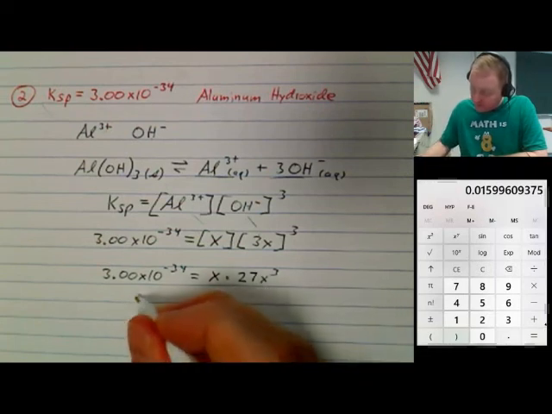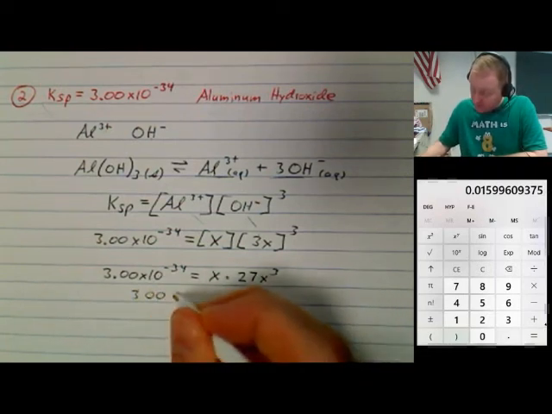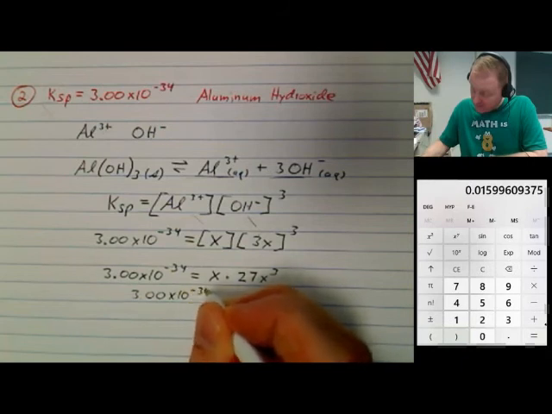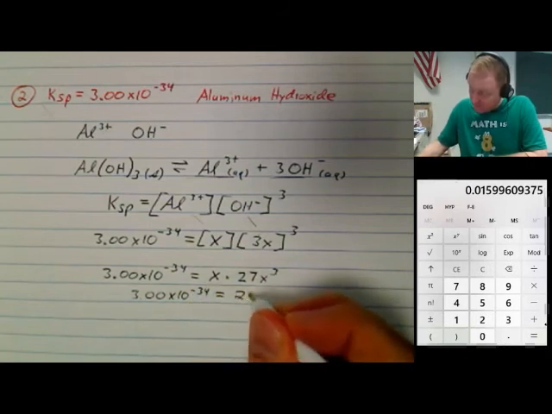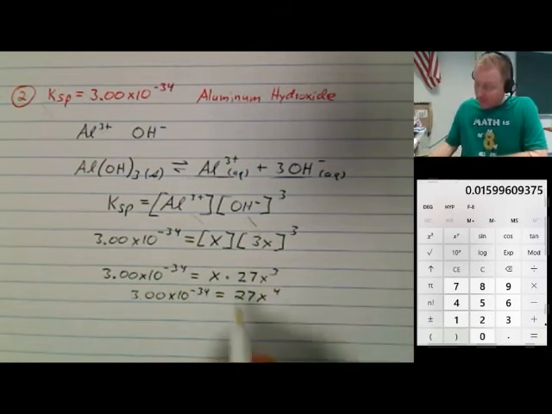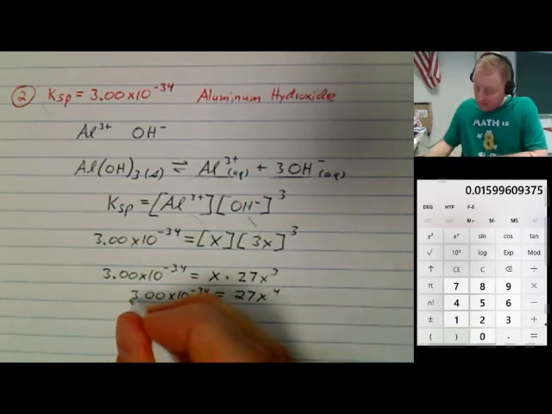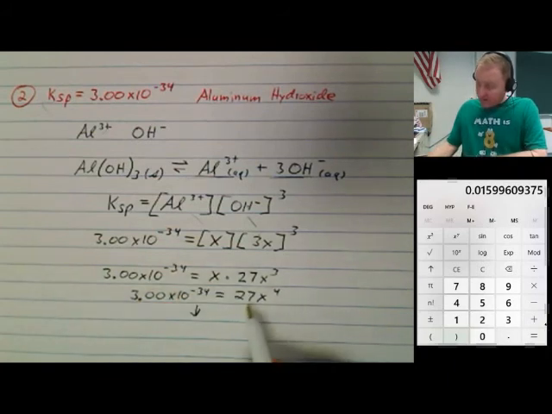Now we can put that x over here. 3.00 times 10 to the negative 34 equals 27x to the 4th. To solve from this point, I am going to divide by 27, and then take the 4th root of that.